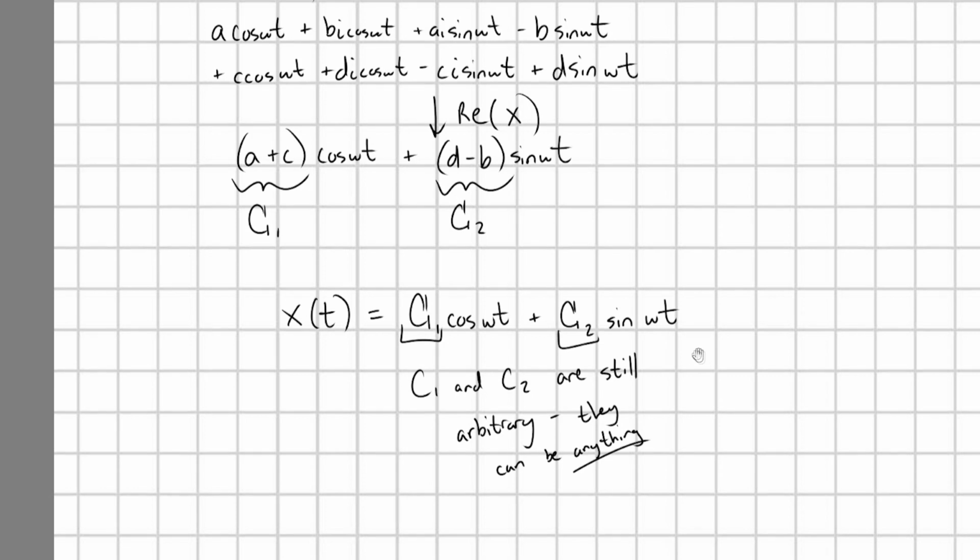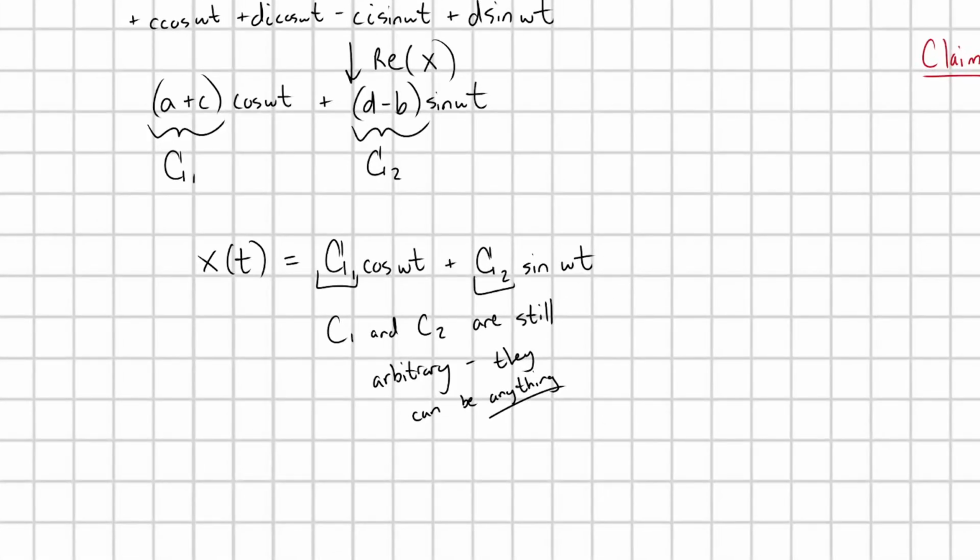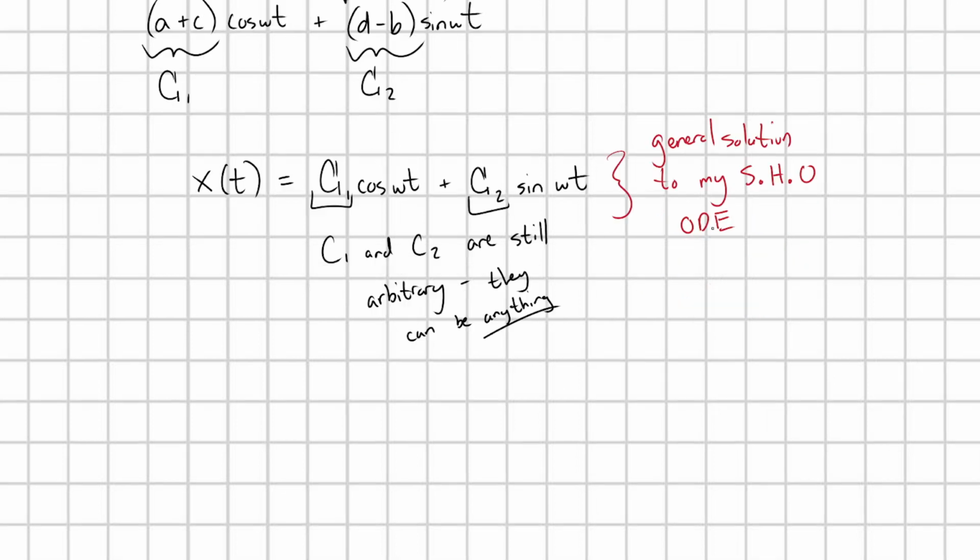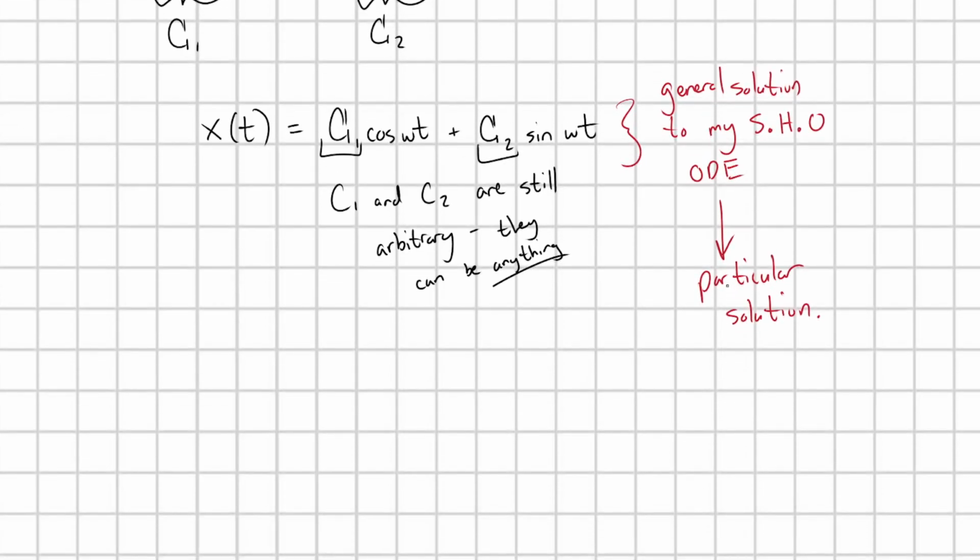So when we're in this form here, this is the general solution to my simple harmonic oscillator ODE. So we need to take this and turn it into a particular solution.